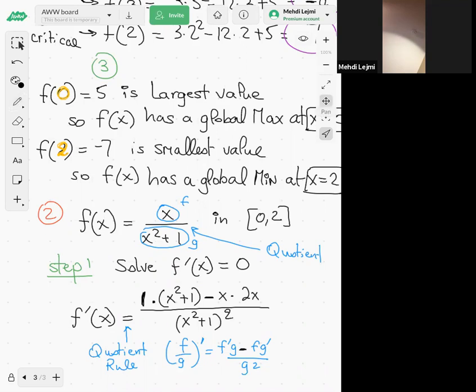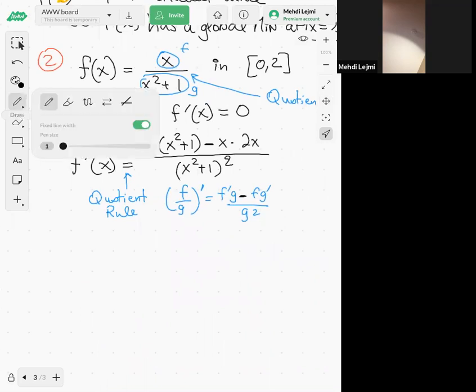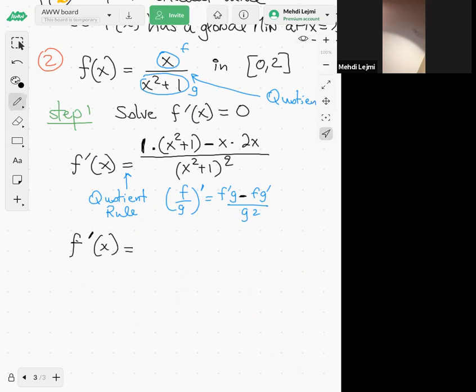So anyway, what I'm saying, guys, is that f prime of x is going to be x squared times 1, it's x squared, plus 1 times 1, it's 1, minus x times 2x, that will be minus 2x squared, over x squared plus 1 squared.